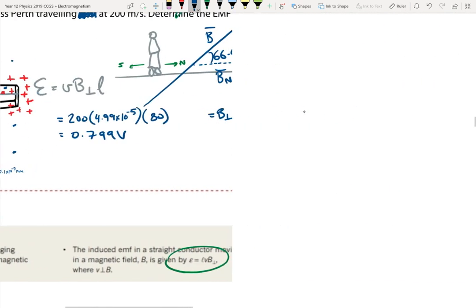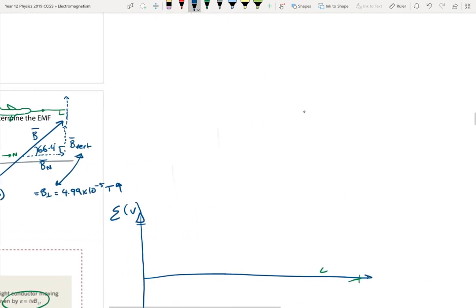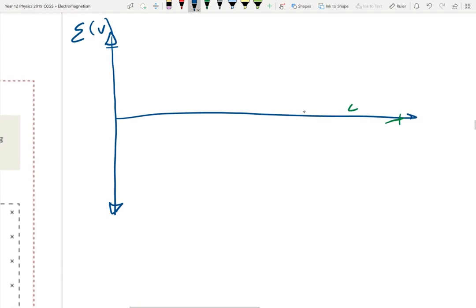Okay? Now, any questions? No questions. Okay. I will set up more and more of these demos to demonstrate Faraday and Lenz's law because it is quite strange. It's esoteric.